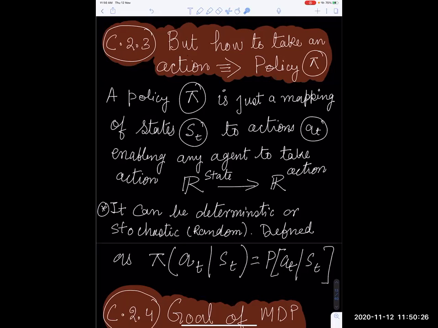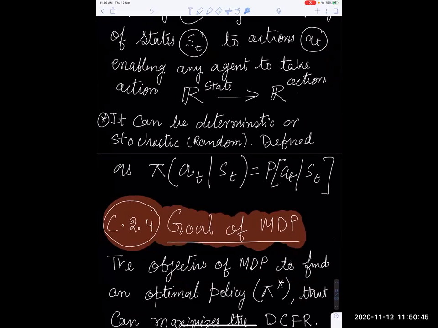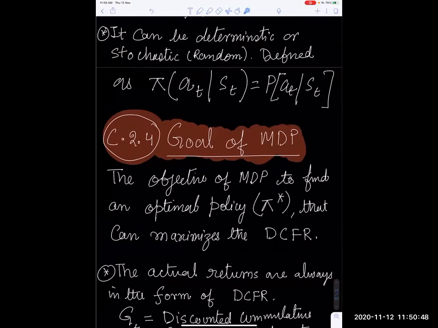Probably it can use a random policy to start with. If you are an agent that can move in 4 directions, then uniformly and randomly I move in all possible directions. That can be an initialization of such a policy. It can be possible, but the goal of such an MDP has to be to come up with the policy which is the optimal policy.